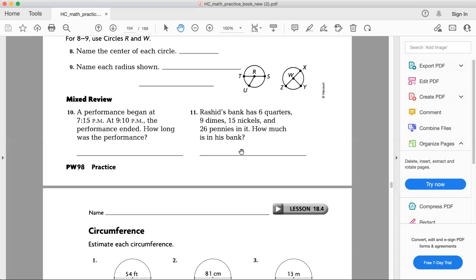You have to convert quarters, dimes, nickels and pennies. See, I am writing it, then only you can understand. 1 quarter will be equal to 25 cents.